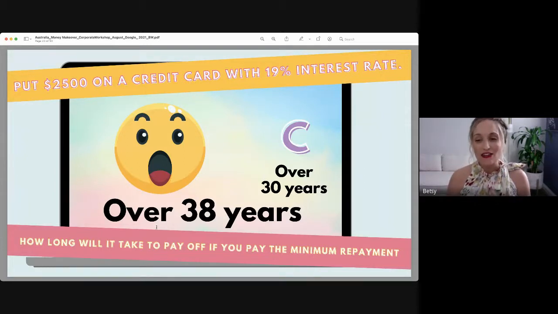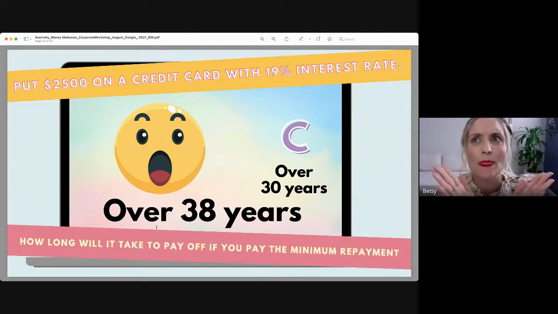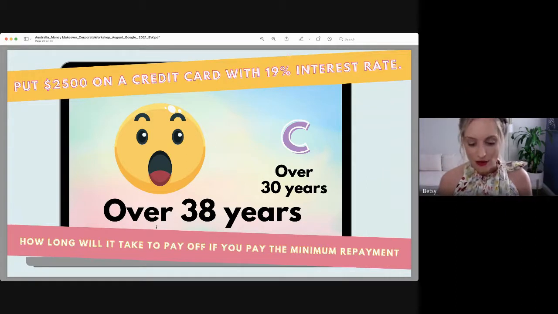I was actually coaching a client a few weeks back. She had a $15,000 credit card debt and was just paying the minimum repayment, which was about, I think, $250 a month. And, rightly, like many of us, she just thought, oh yeah, I'll just pay the minimum because that's the repayment plan, not realizing that really it's just servicing the interest.